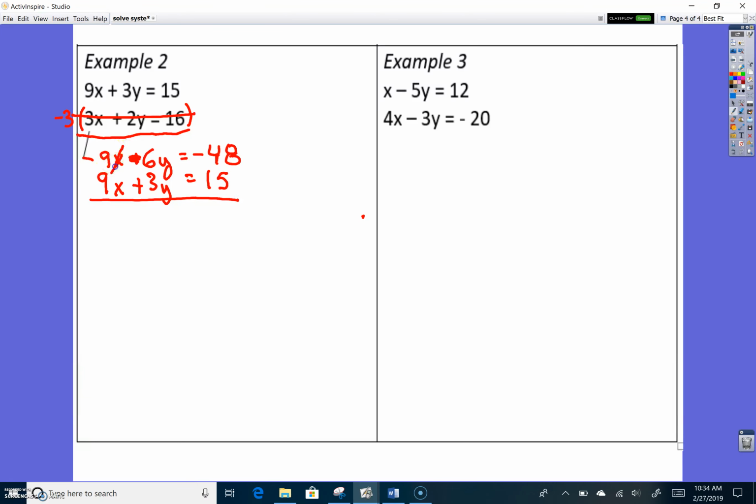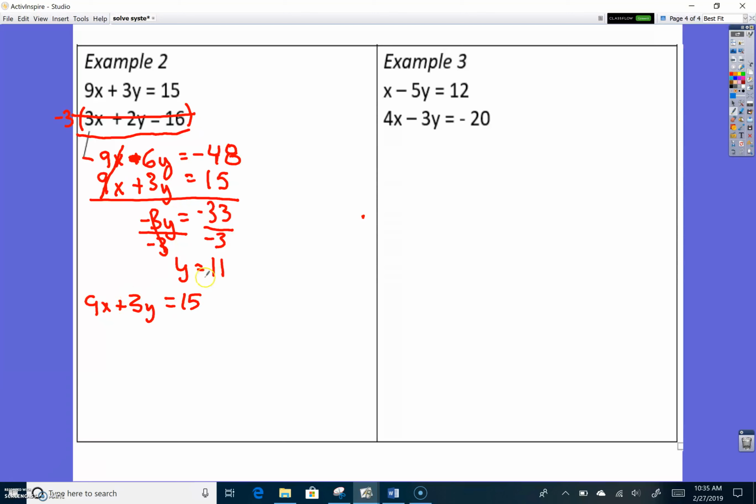So these two would cancel. Now I have negative 3y equals, it looks like negative 33. So I divide by negative 3. So y should be equal to 11. Now I'm going to take one of the equations. I'm going to take the top one, 9x plus 3y equals 15.